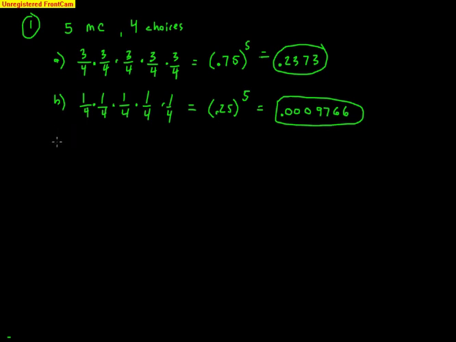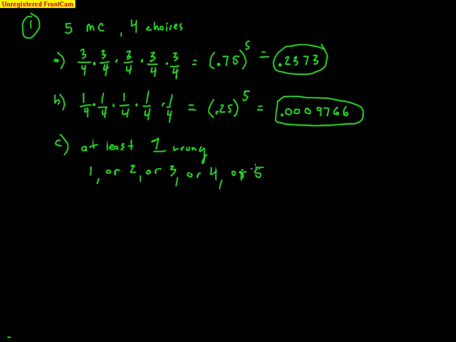Okay. C says get at least one of the questions wrong. Now I really want you to think what that phrase means. At least one wrong. Now what does that mean? That means you get one wrong, or two wrong, or three wrong, or four wrong, or 5 wrong.